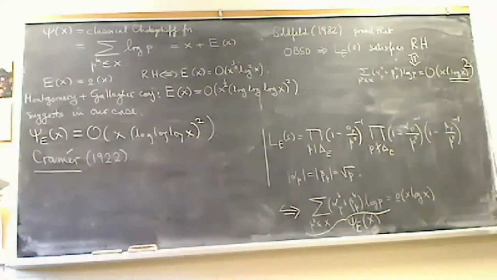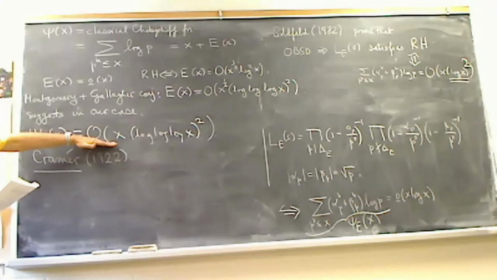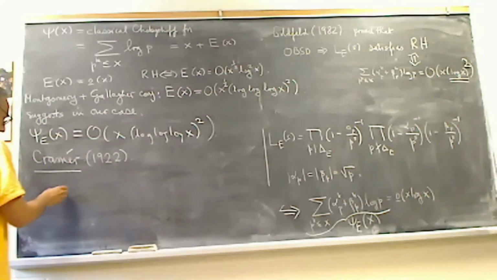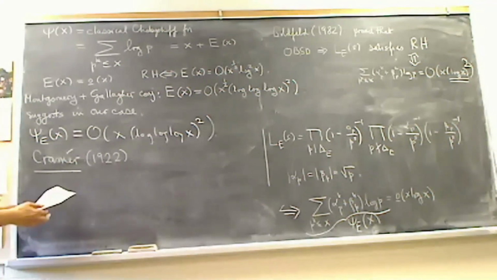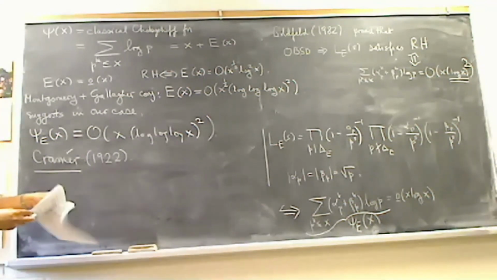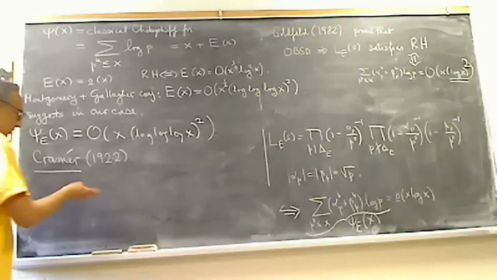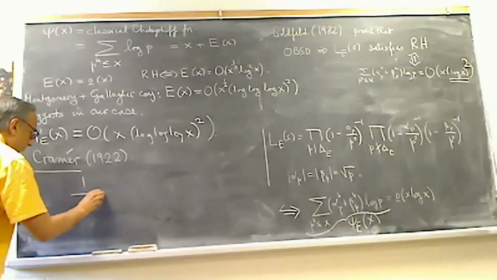He didn't make these kinds of conjectures though, but what he proved is very interesting. He proved the following. It's not in this paper, but I can do it from memory.